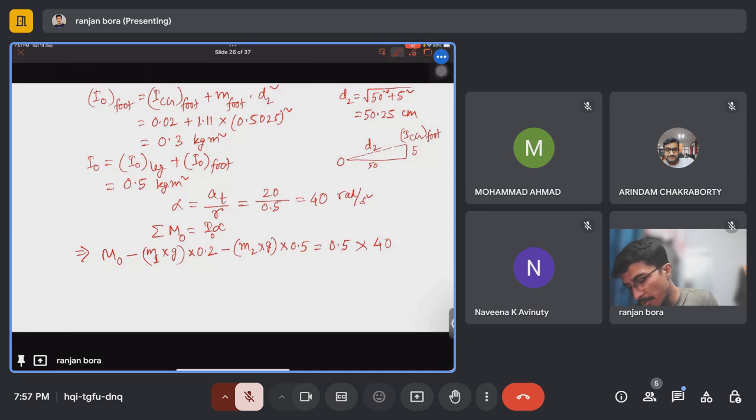Now from this equation we can find this value of M0. It will be 3.537 into 9.8 into 0.5 plus 0.5 into 40.